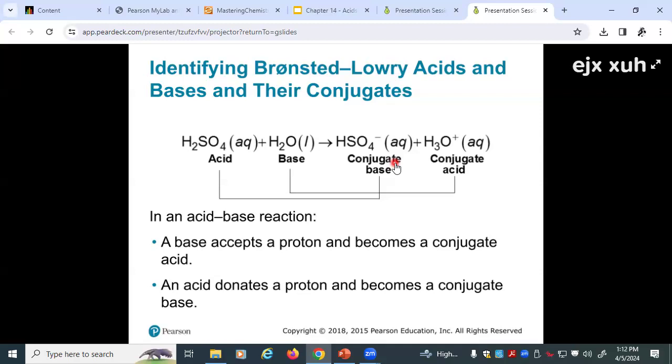And so we call those conjugate acids and bases. And so what we see is that they actually pair up with each other.